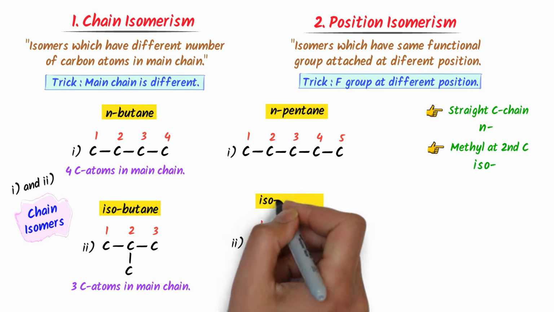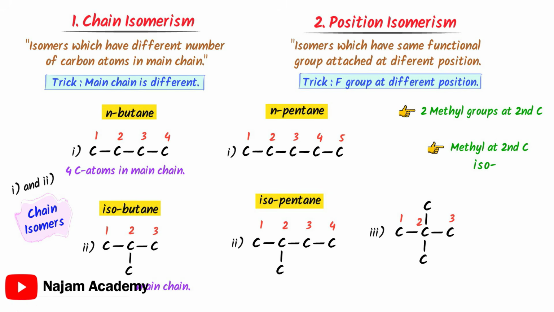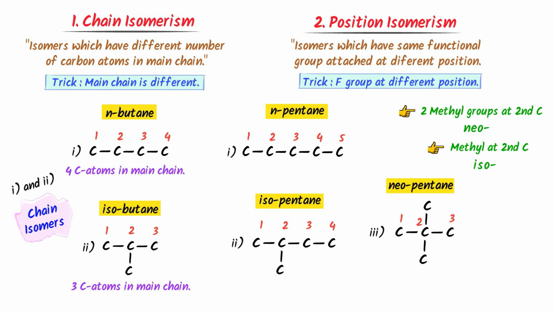I call it isopentane. Thirdly, I cut this carbon and attach it to this second carbon. I get this structure. Here 1, 2, 3. Remember that if there are 2 methyl groups present at the second carbon, we call it neo. Hence this is neopentane.